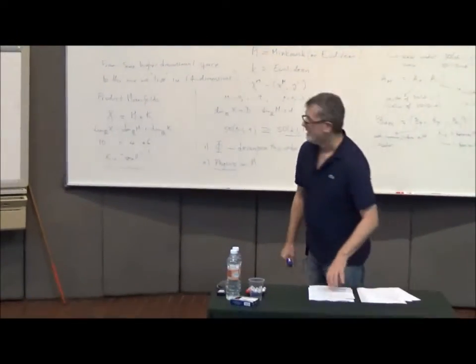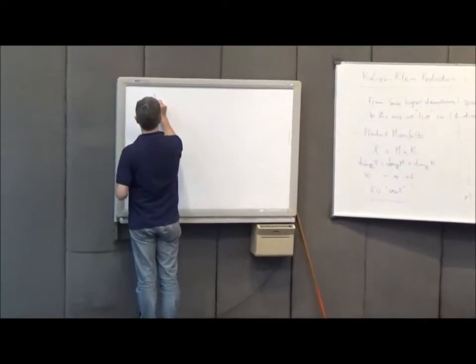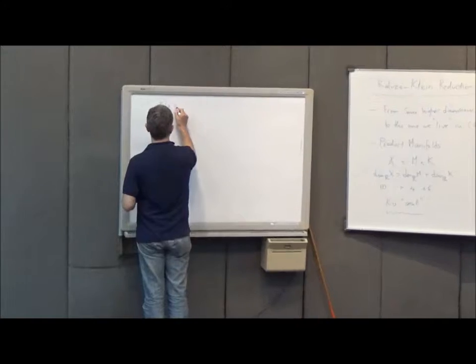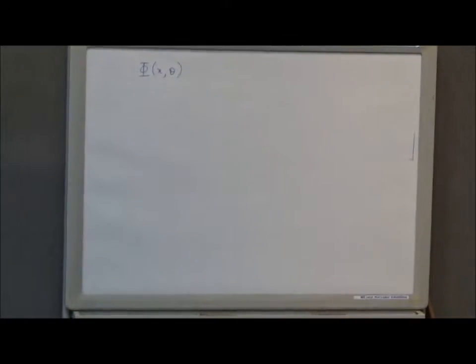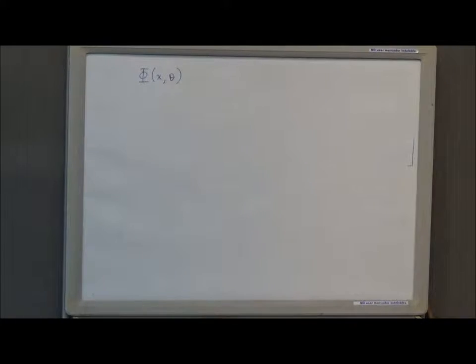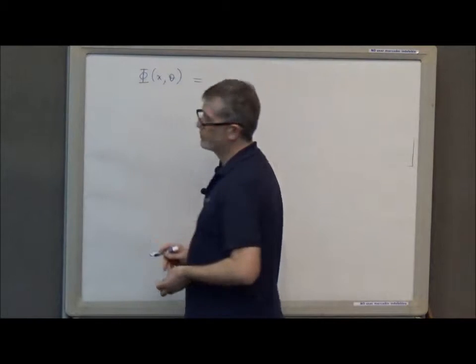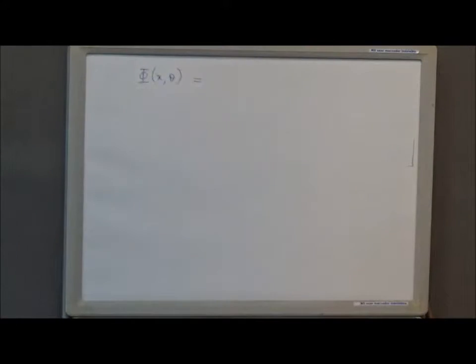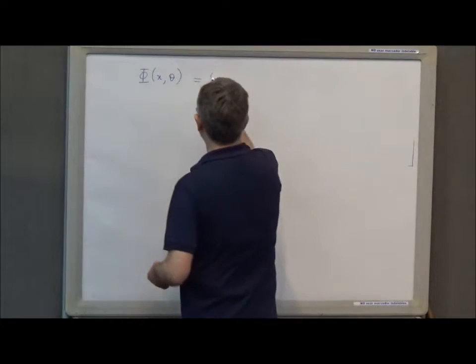Now, the one thing that you do know is that φ is a function of x and θ. x, remember, is the coordinate on M, and now θ is the only coordinate we've got on S1. And we also know that if this is really a scalar on S1, a real honest scalar on S1, it must be periodic. If I send θ to θ plus 2π, this should be true, right?